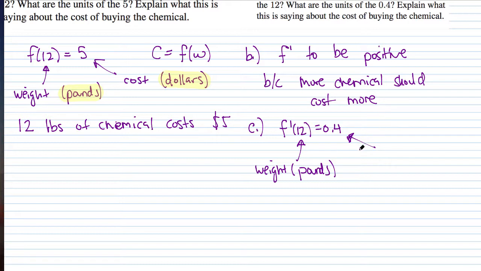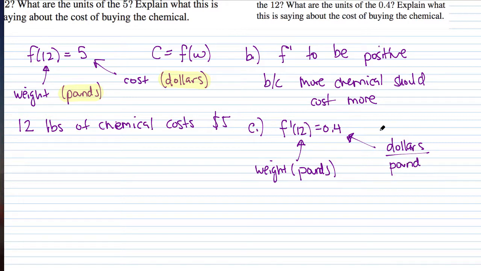And so I'm trying to think here, this is how my cost changes with respect to the amount of stuff I'm buying. So this is no longer just dollars. This should be dollars per pound. Right?